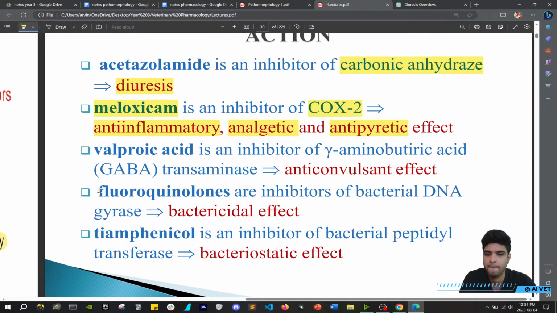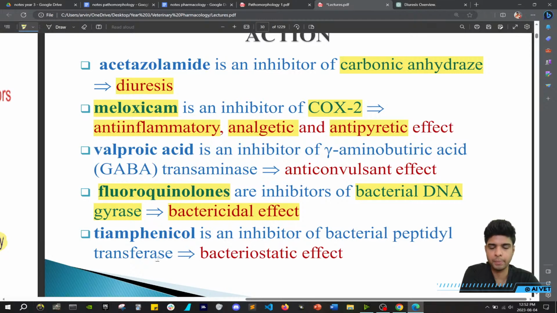Let's do this. Fluoroquinolones are inhibitors of bacterial DNA gyrase. So it kills the bacteria. Yeah, in microbiology we read about it a lot of times. This is a drug used to kill a lot of bacteria. Let's do one more. Bacteriostatic effect. It does not let it multiply, I think.